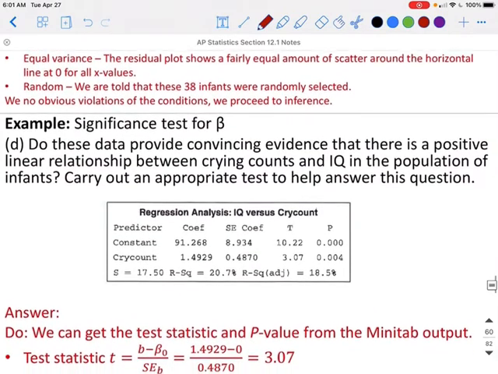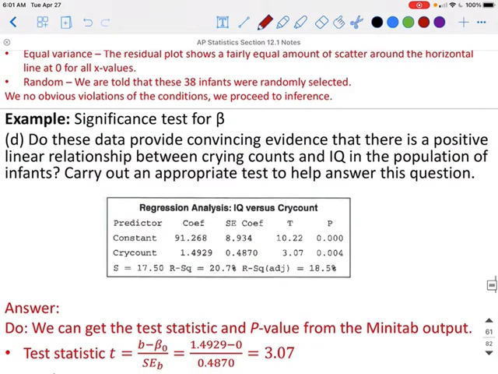They give us a printout of the information. The first thing we need to do is get the test statistic and the p-value from the Minitab output. If you look, we're not looking at the constant, we are looking at the cry count because the cry count is the one that's talking about the slope.